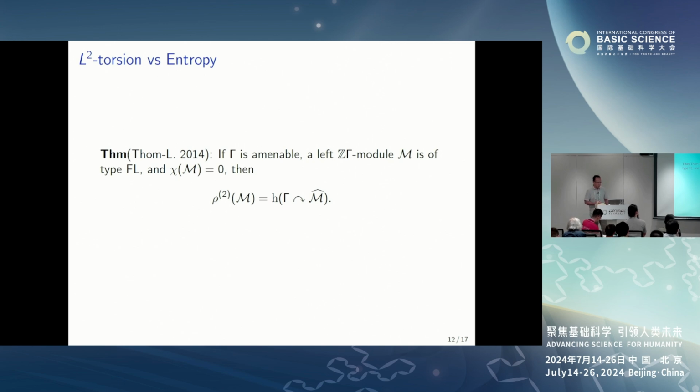Then with Andrew Thom, we showed that when gamma is minimal, the left module is of type FL, and the order characteristic is 0. So these two conditions just say that the torsion is defined. Then we can show that the torsion is actually equal to the entropy.